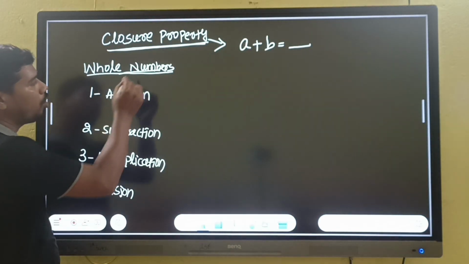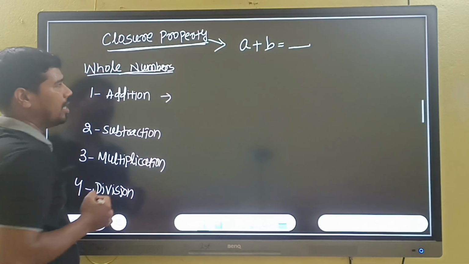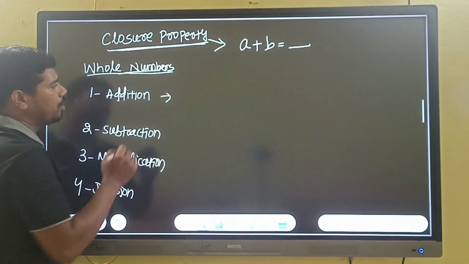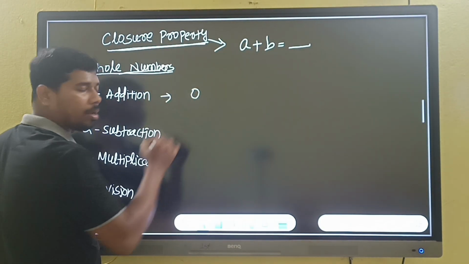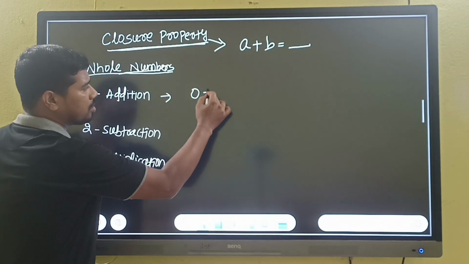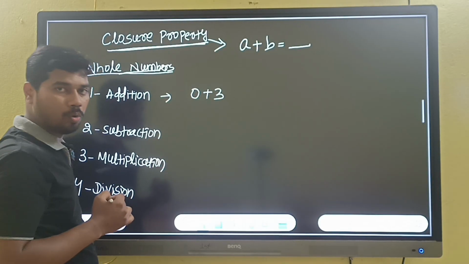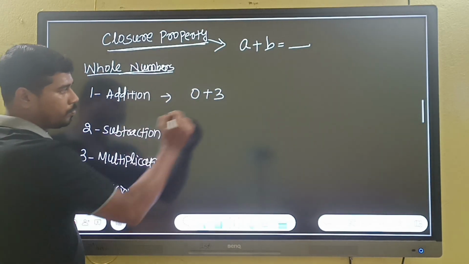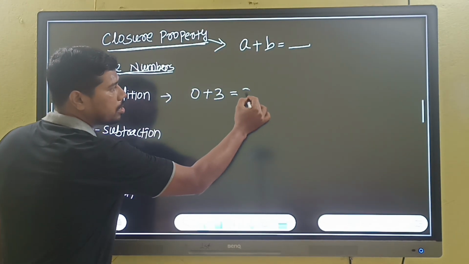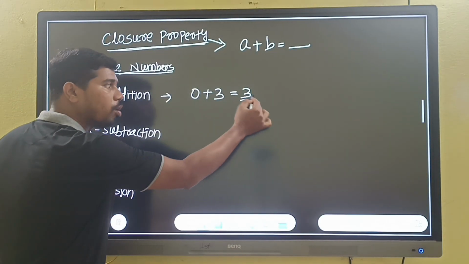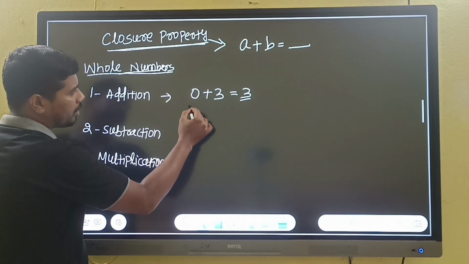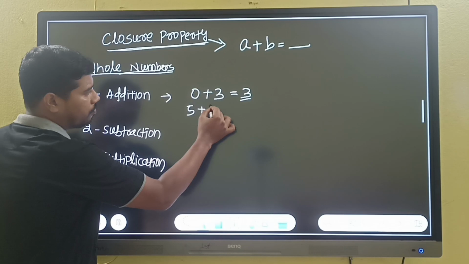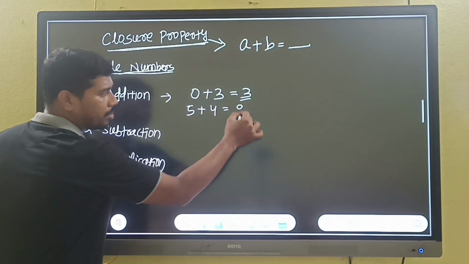So here we will take whole numbers addition. Let's take an example of whole numbers. Let 0 be a whole number. 0 plus 3, 3 is also another whole number. 0 plus 3, the result is 3. 3 is also a whole number. Like that, we can take 5 plus 4, that is equal to 9.